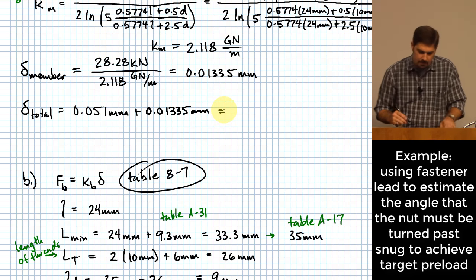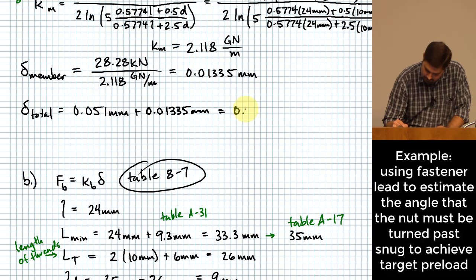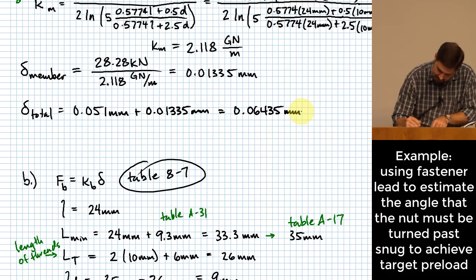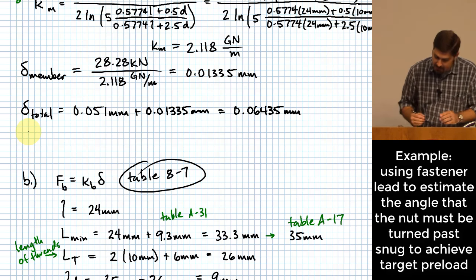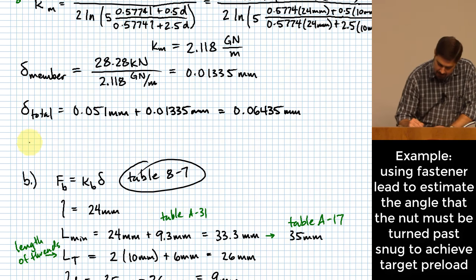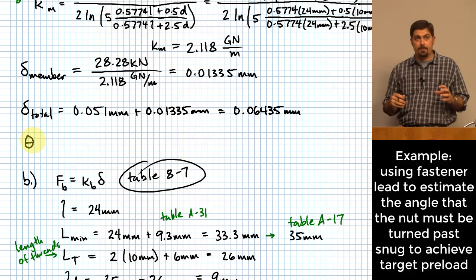Okay, so that gives me 0.06435. And then when I put that in to our equation, this is actually another equation I need to talk about here, is how much theta, how much angle do we turn the nut through?